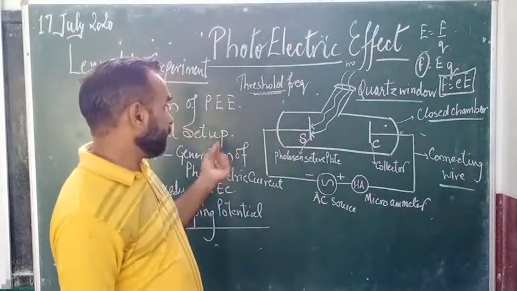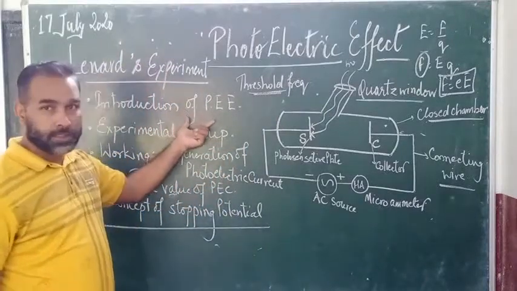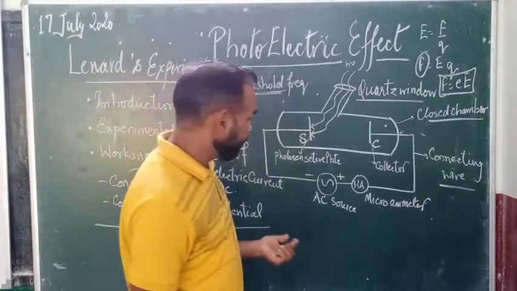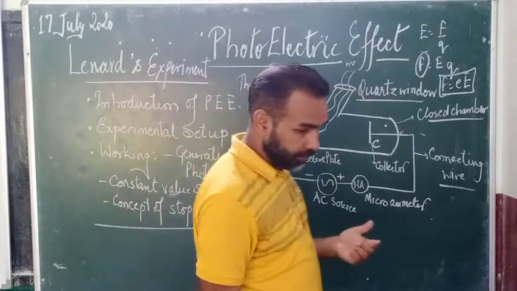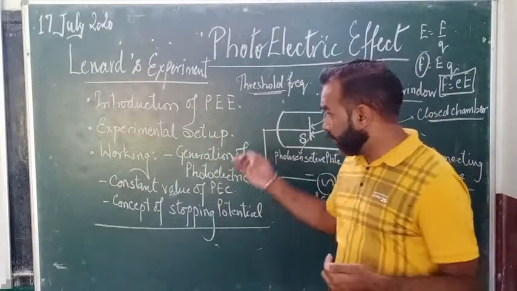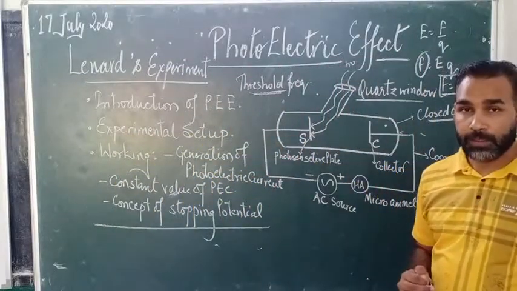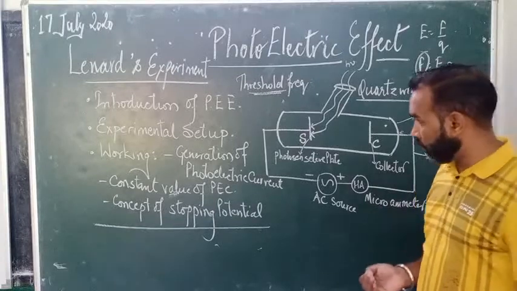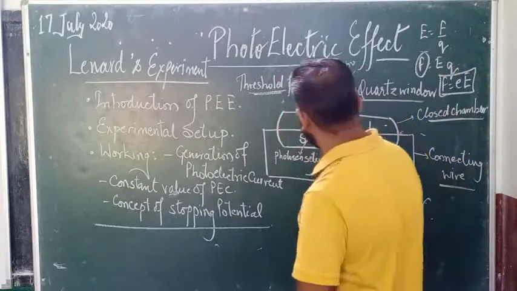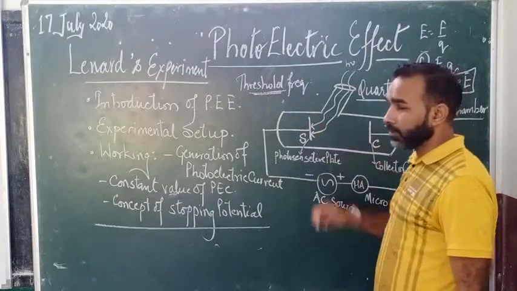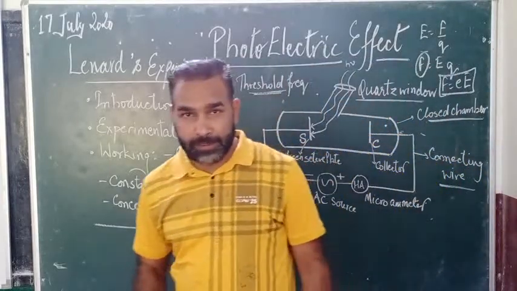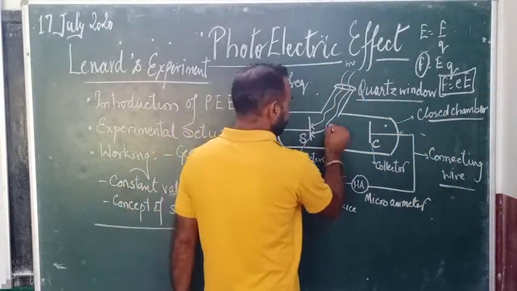Okay, so first we discussed the introduction of the photoelectric effect, then the experimental setup, right? So third is the working of this particular setup. Now you know already, as soon as light of a particular frequency is incident on the surface of the metal, the electrons start emitting.